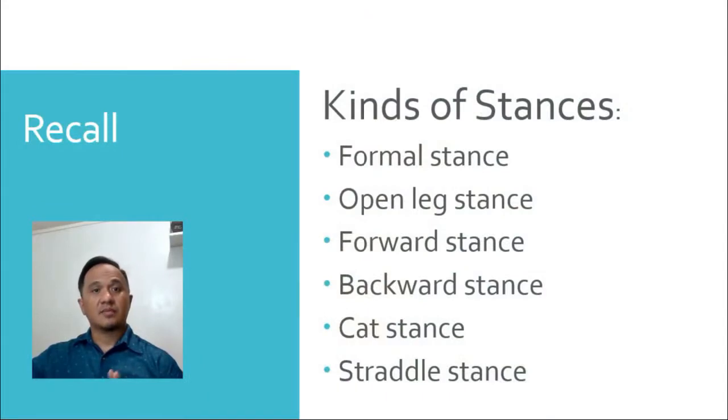Diane, that's correct: forward stance and backward stance. And the last two, Lani: cat stance and straddle stance. Those are the six stances: formal stance, open leg stance, forward stance, backward stance, cat stance, and straddle stance.